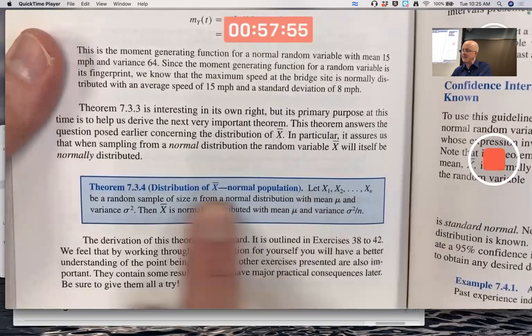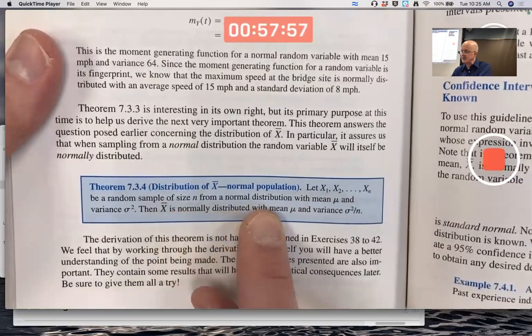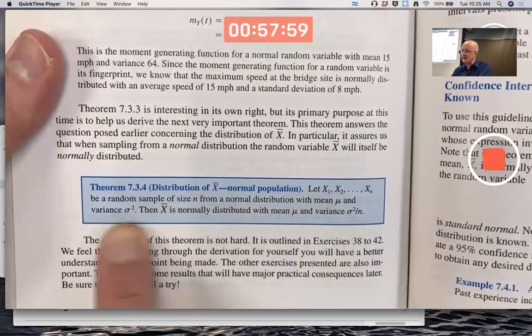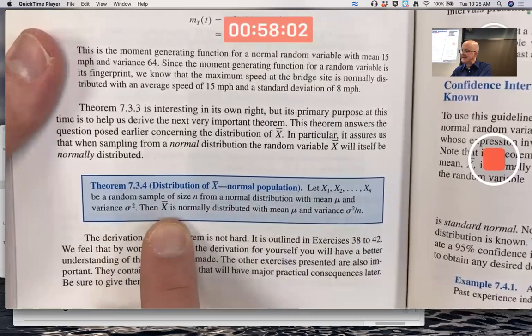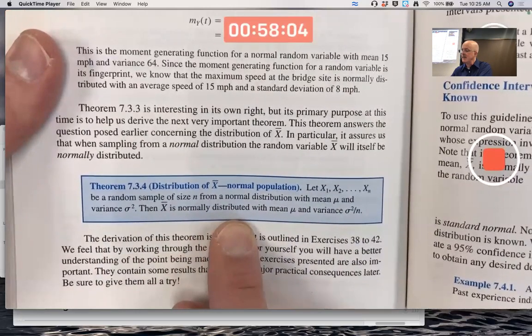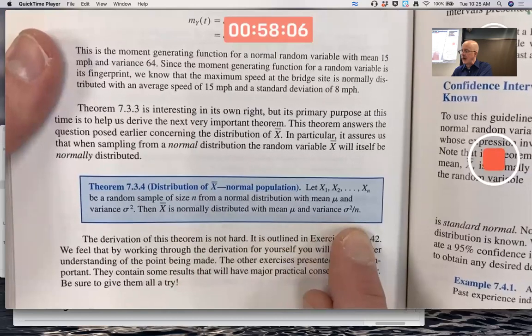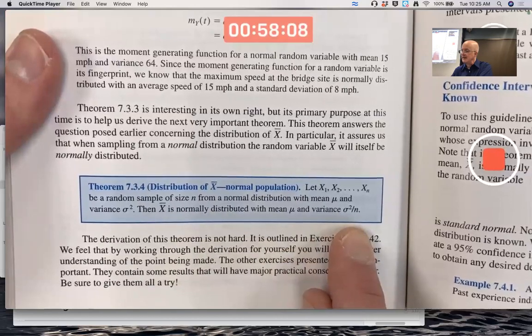If you have a random sample of size n from an exactly normal distribution with mean mu and variance sigma squared, then X bar, the sample mean, is exactly normally distributed with mean mu and variance sigma squared over n. This is a theorem that can be proved if you're assuming you are sampling from an exactly normal distribution.